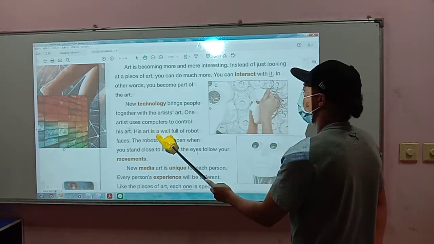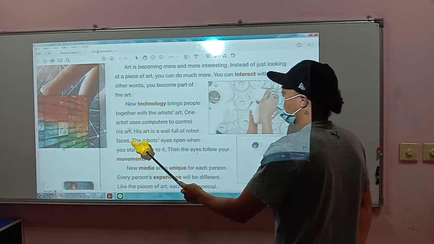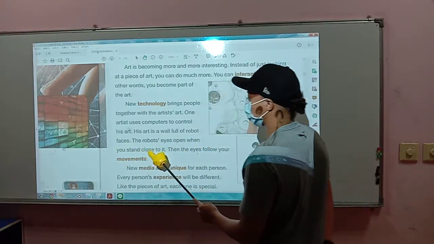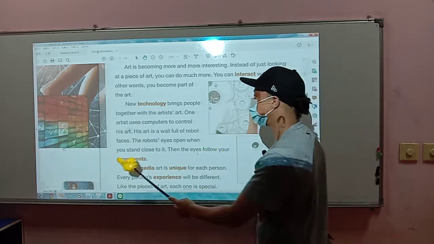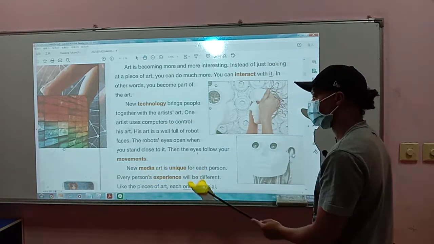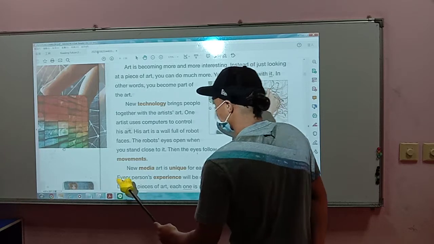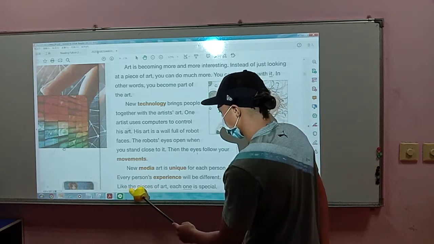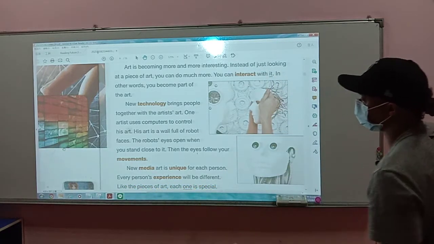His art is a wall full of robot faces. The robot's eyes open when you stand close to it. Then the eyes follow your movements. New media art is unique for each person. Every person's experience will be different. Like the pieces of art, each one is special.